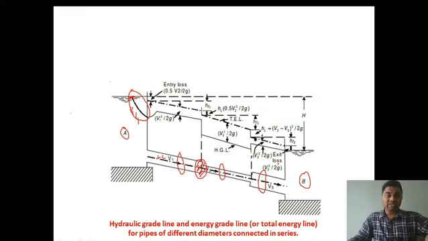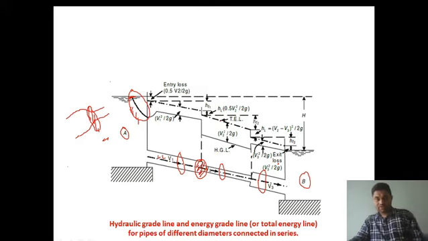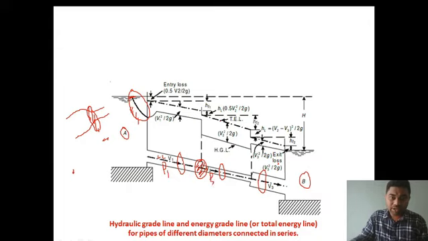What do we mean by sudden contraction? When the water is flowing from a larger diameter pipe to a smaller diameter pipe, there is a sudden contraction. Similarly, the phenomenon is happening over here, where the water from pipe P1 is flowing into P2. This pipe is P1, this pipe is P2, this pipe is our P3.